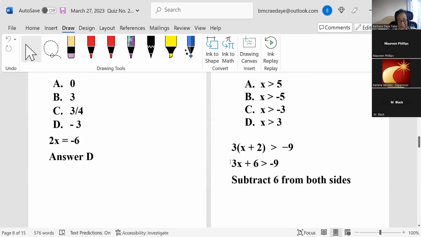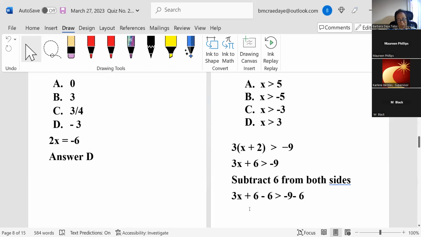So now we have 3x. Let's put our subtraction there. Subtract the 6 on the left. Subtract the 6 on the right. That's a -6. Okay. Now, Mercedes, what's on the left now?